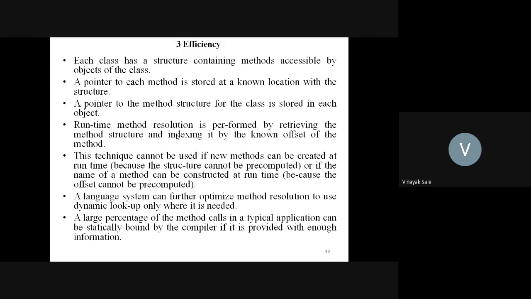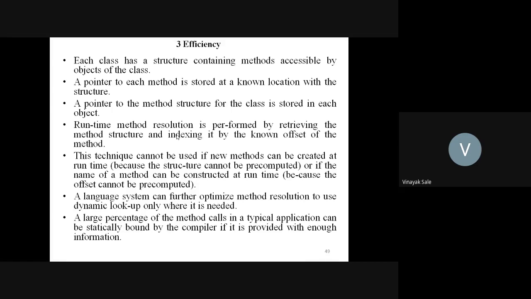A pointer to the method structure for the class is stored in each object. Runtime method resolution is performed by retrieving the method structure and indexing by the known offset of the method.